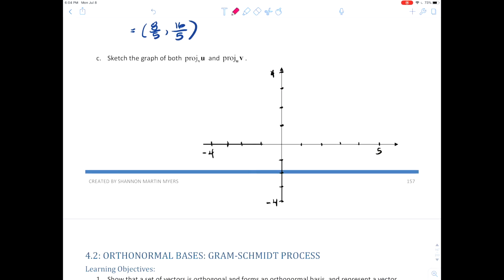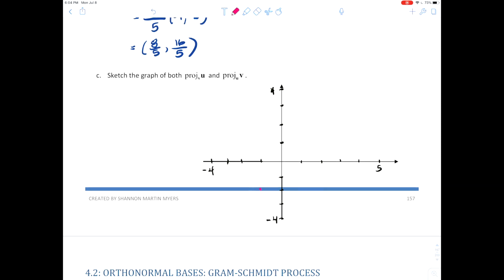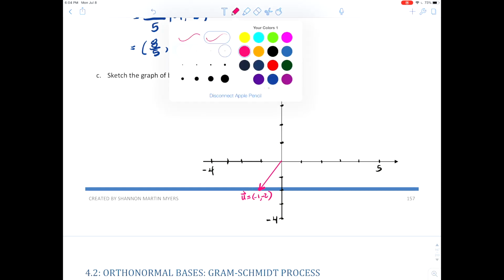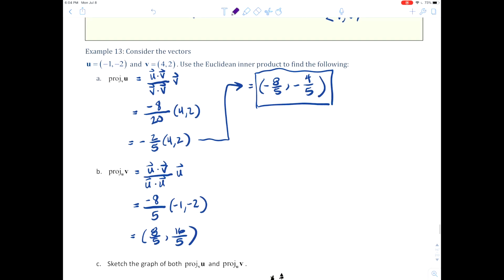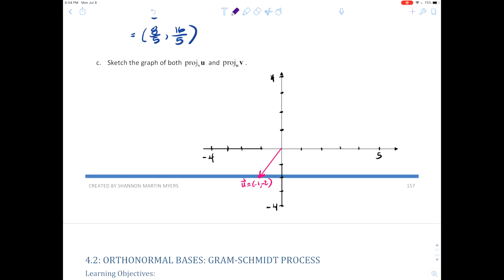Okay, so U is -1, -2. And V is what? 4, 2. About here.